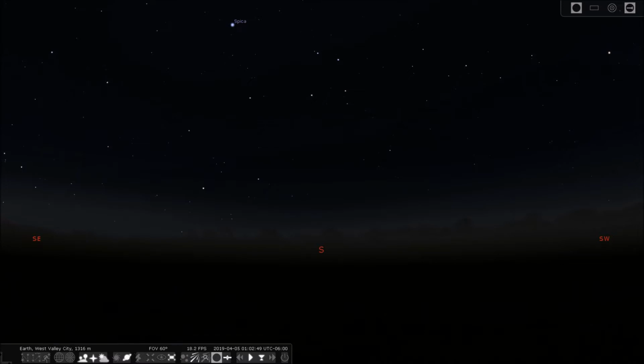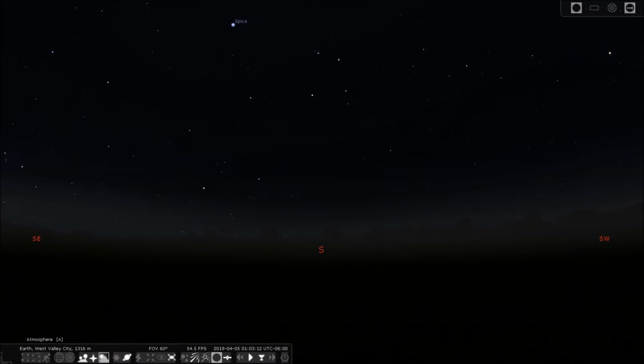So I'm in my Stellarium. You still can't see my cursor, even though I put it in the settings to show the cursor, so I'll try to hover over things to get their attention for you.